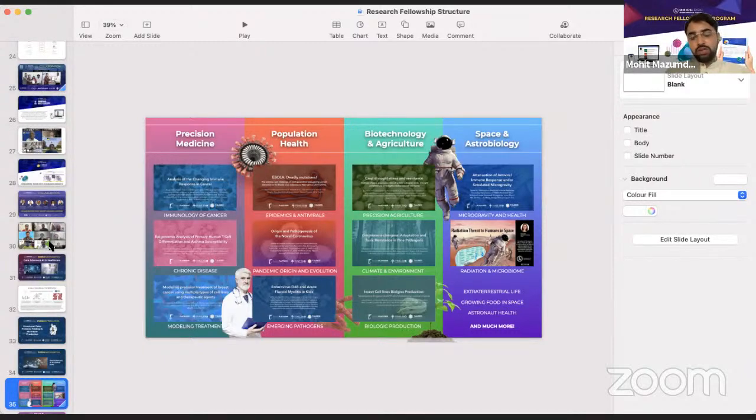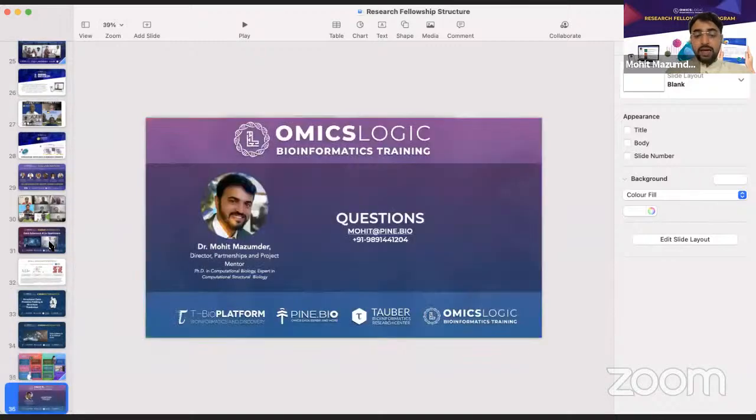That would tell you about these different research areas such as precision medicine, population health, agriculture and biotechnology, Spaceomics, that we discuss at length. So you'll be able to work on 21st century problems, and I'll be available to help you as a mentor. I have expertise and over 40 publications addressing different research questions using bioinformatics. So please feel free to reach out to me and reach out to our team, and we'll be able to help you go through and complete this journey.